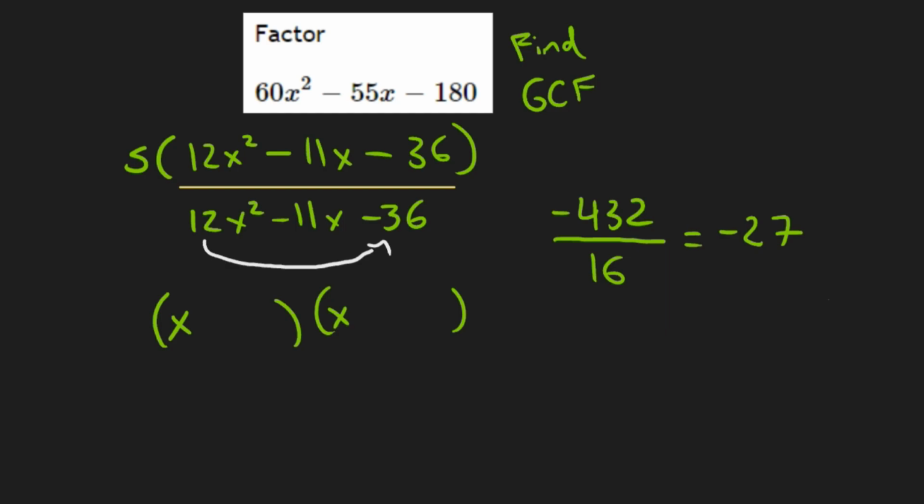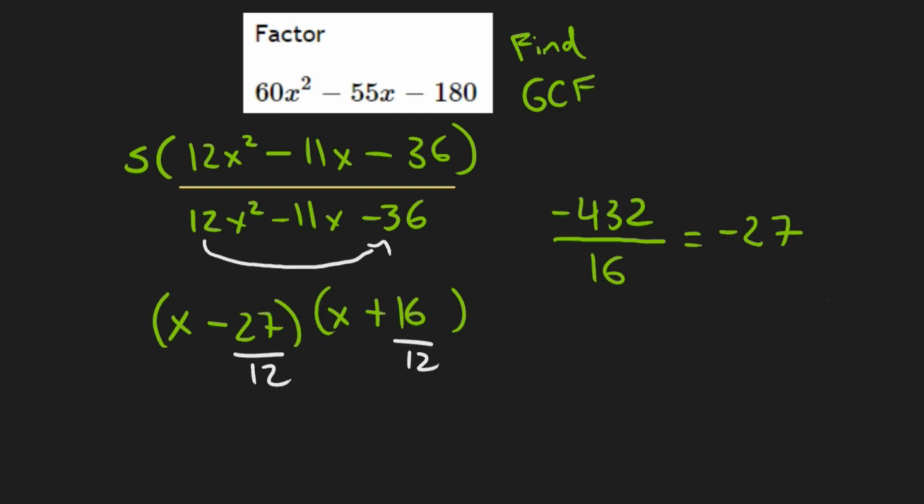And then we have negative 27. And now we'll divide these numbers by 12 because we can't leave this 12 away.